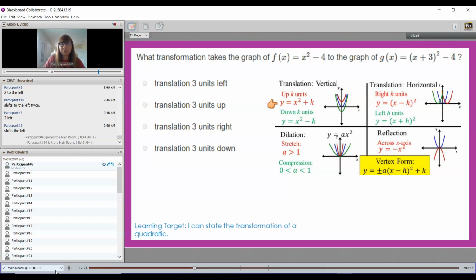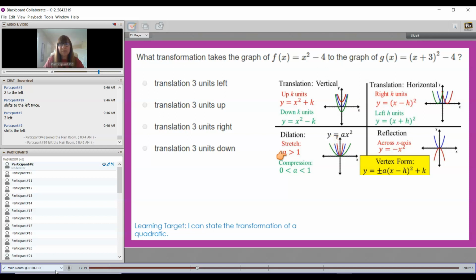All right, so I did put this up on the Padlet. This is another nice little visual, color-coded, right? So the blue is all the parent functions. You can see that's always right in the middle there. And then you can see the shifts that happen. The other ones that we have also are stretches and compressions. So when you see something stretch, remember you have that A in front of it.